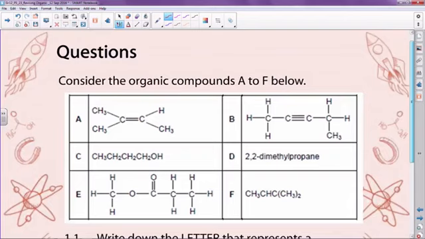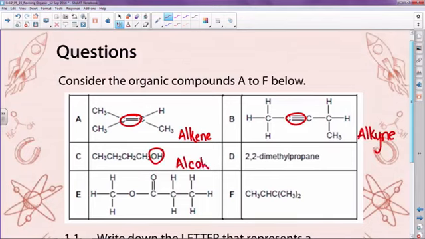So if we look at compound A, it has a double bond in it, so that makes this an alkene. So I know which functional group it's in. Compound B has a triple bond that makes this an alkyne. C has an OH at the end. That makes this an alcohol.